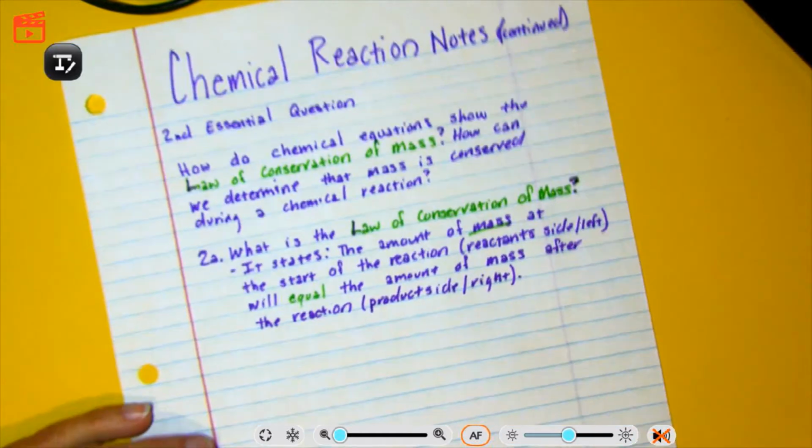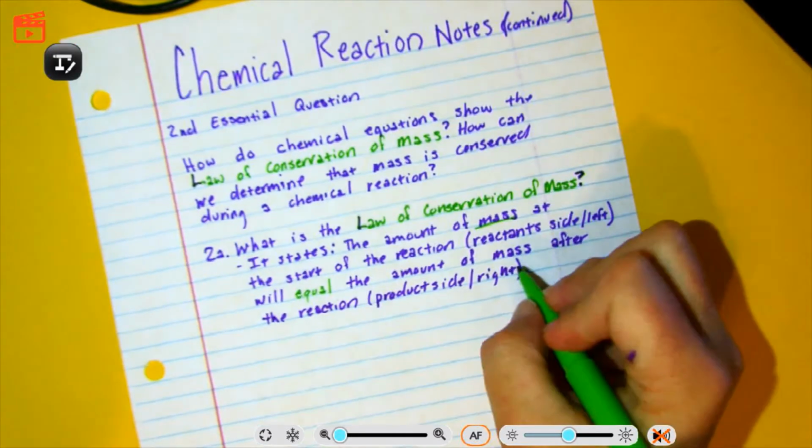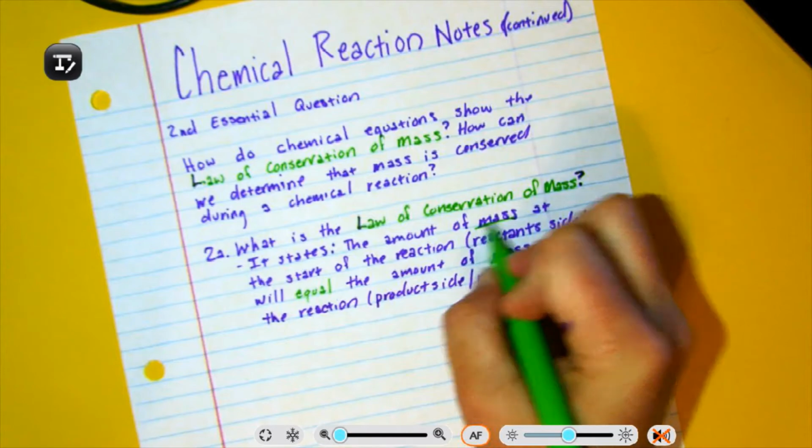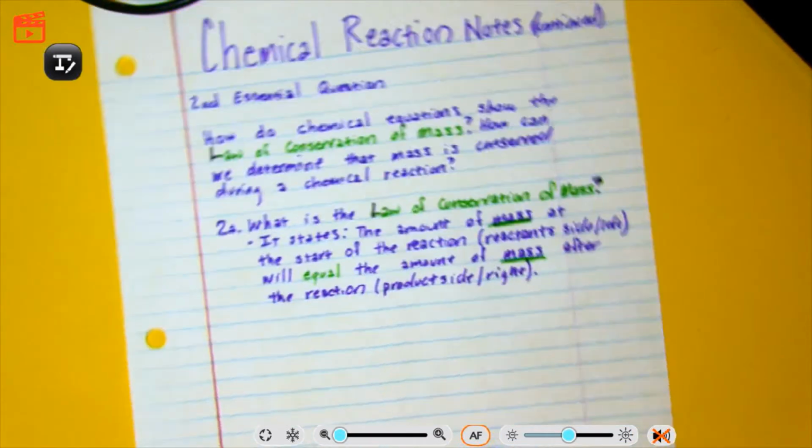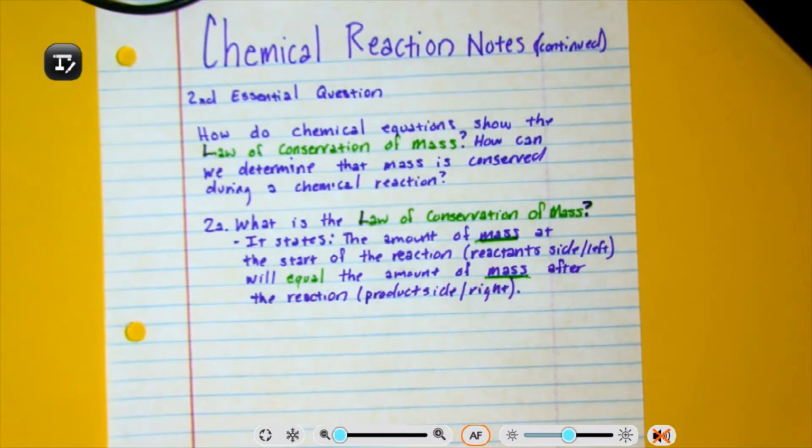All right. So masses are equal, pretty much. That's the sum of things. Law of conservation of mass. They're equal on both sides.